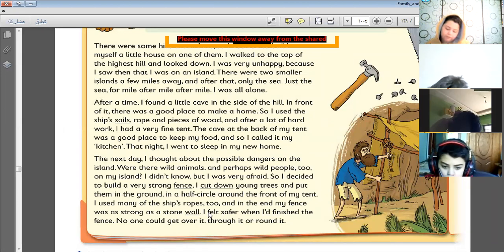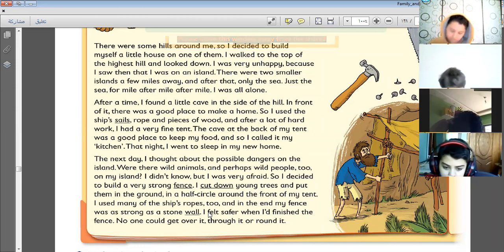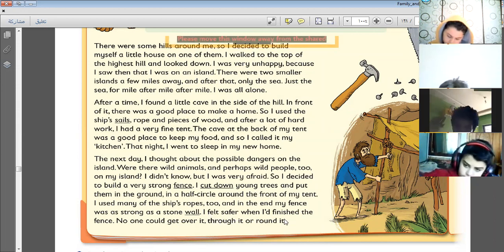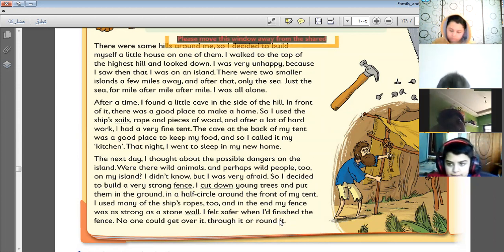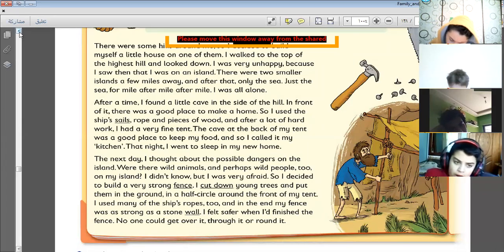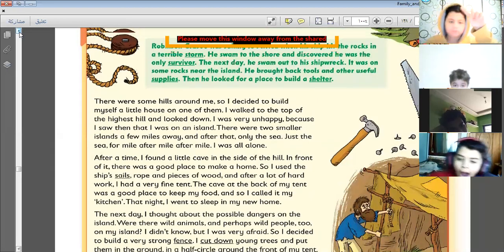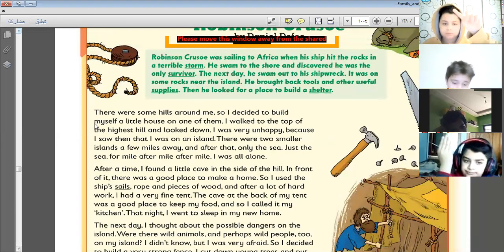I felt safer when I had finished the fence. No one could get over it, through it, or round it. Round it means to surround it or go around behind it. Easy words. Now let's go back to paragraph number 1 and start reading.